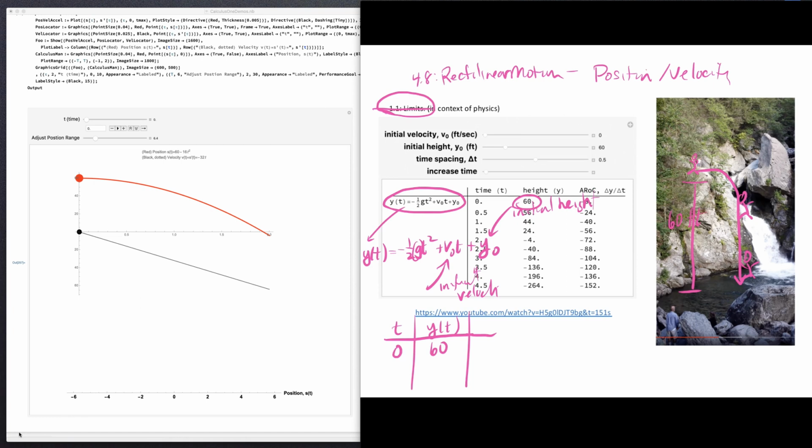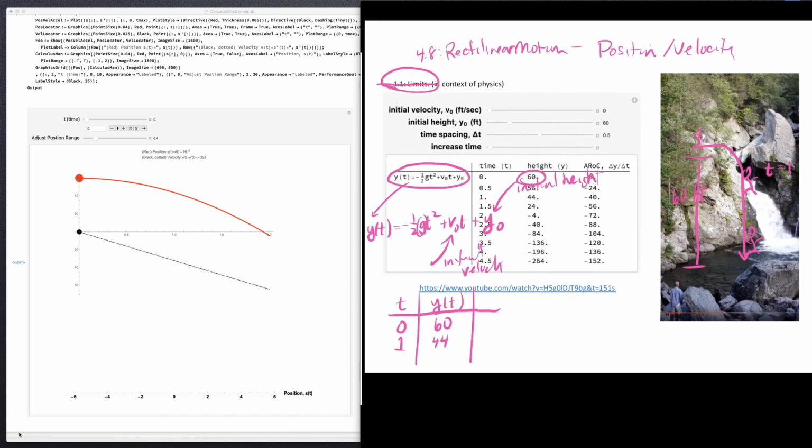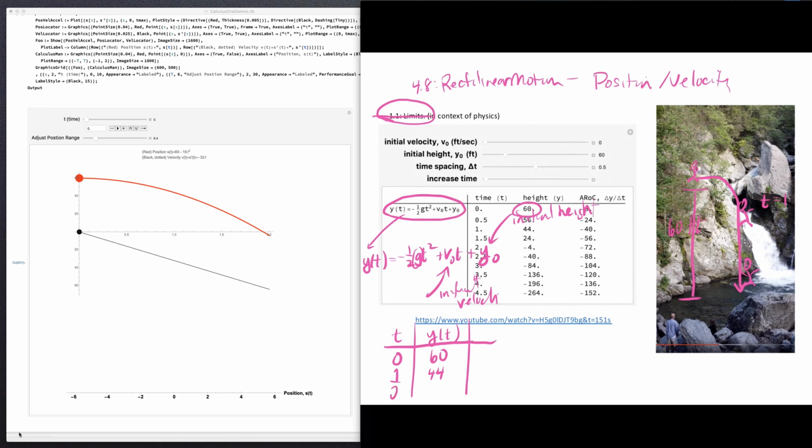Then, as the person continues to fall, 1 second into their flight, t equals 1, they're at a position of 44 feet off the water. And 2 seconds in, we can see that they are at -4 feet. So they've passed through the surface of the water at height 0. They're 4 feet under the water, so to speak, after 2 seconds.